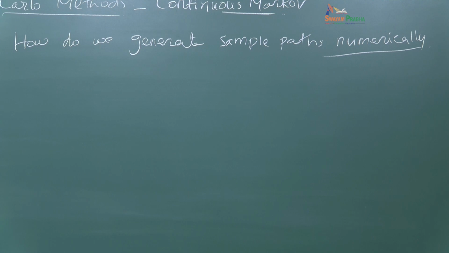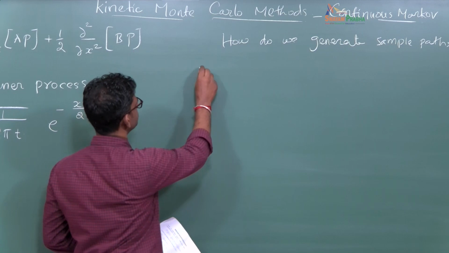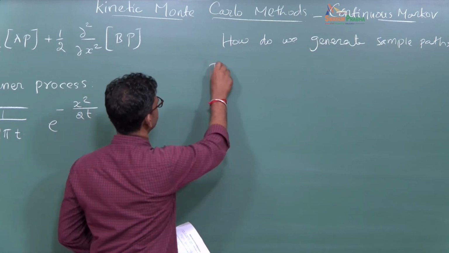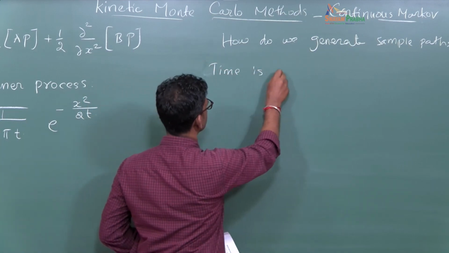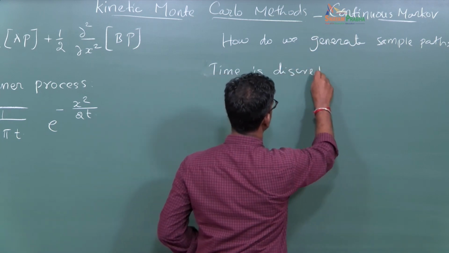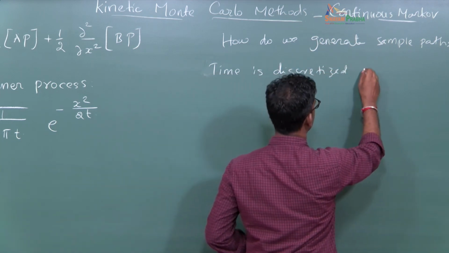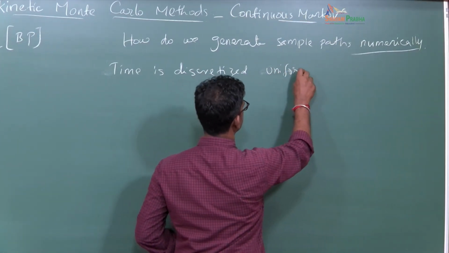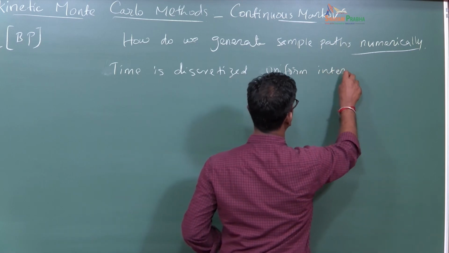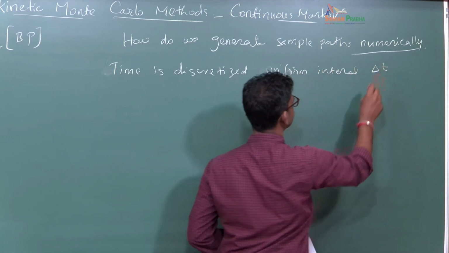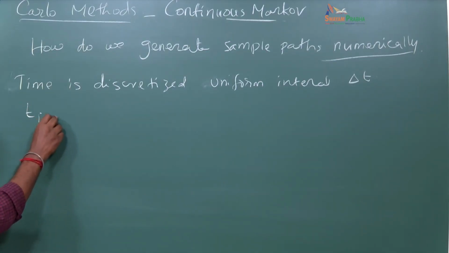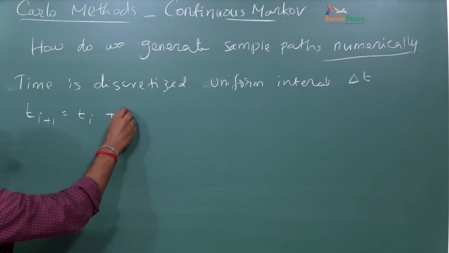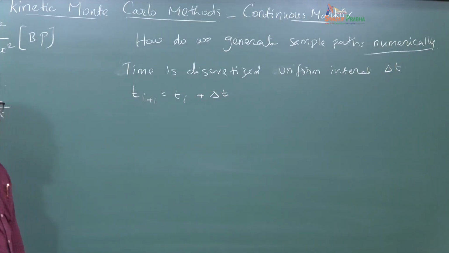So let us say that we discretize time with a uniform interval delta t. Then time can be written as Ti plus 1 is equal to Ti plus delta t. So first we discretize the time.